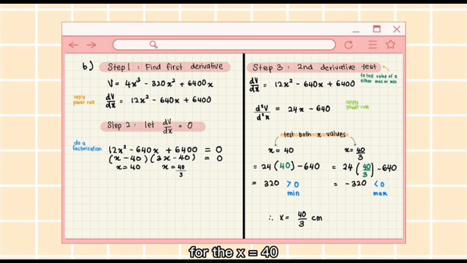For x equal to 40, we will get 320. 320 is bigger than 0, which will yield a minimum volume. And then for x equal to 40 over 3, we will get negative 320. Negative 320 is less than 0, which will yield a maximum volume. So the answer for question B is x equal to 40 over 3 centimeter.